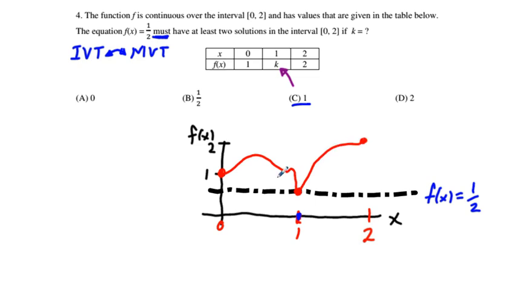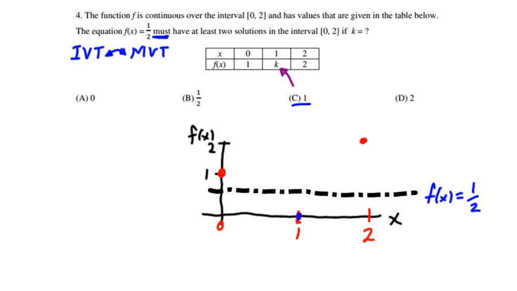You might have 2 solutions. Okay, like if I drew this instead like this, right? That would be a drawing of 2 solutions. But does going through this point here guarantee at least 2 solutions? I don't think so. Then we can try 0.